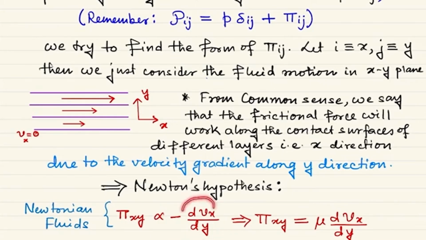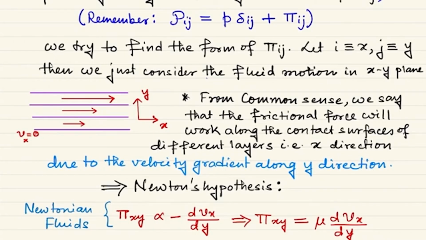if the difference of Vx along y is more and more prominent, then the xy term of the pi tensor will also be more and more important, and there will be a minus sign because this basically tries to reduce the velocity gradient.